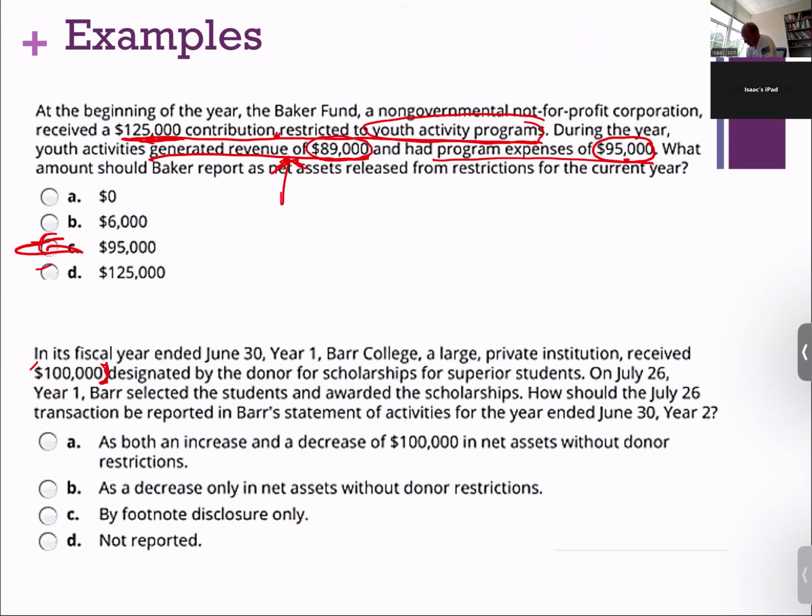Okay, so if we look through the answers, so as both an increase and a decrease of $100,000 in net assets without donor restriction. So this one here is kind of that exception one, right? Because we received it in this year and then we spent it in year one also.